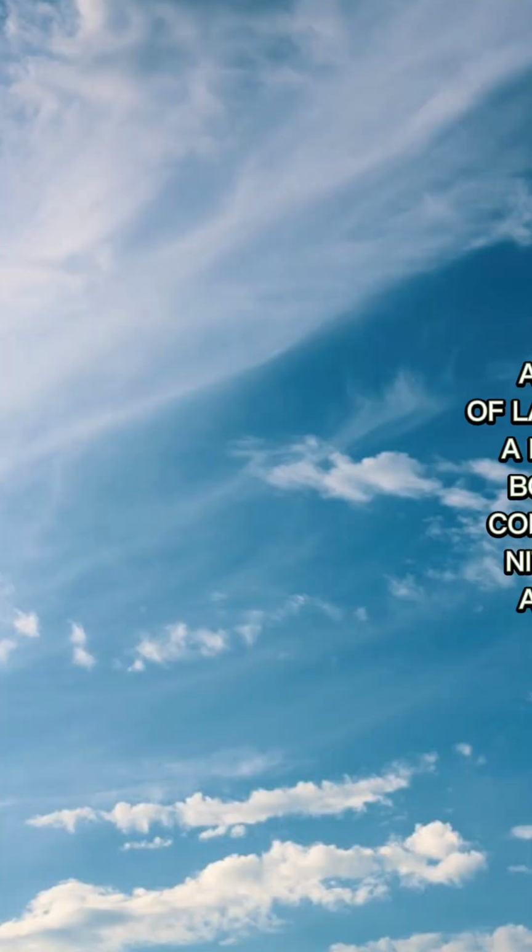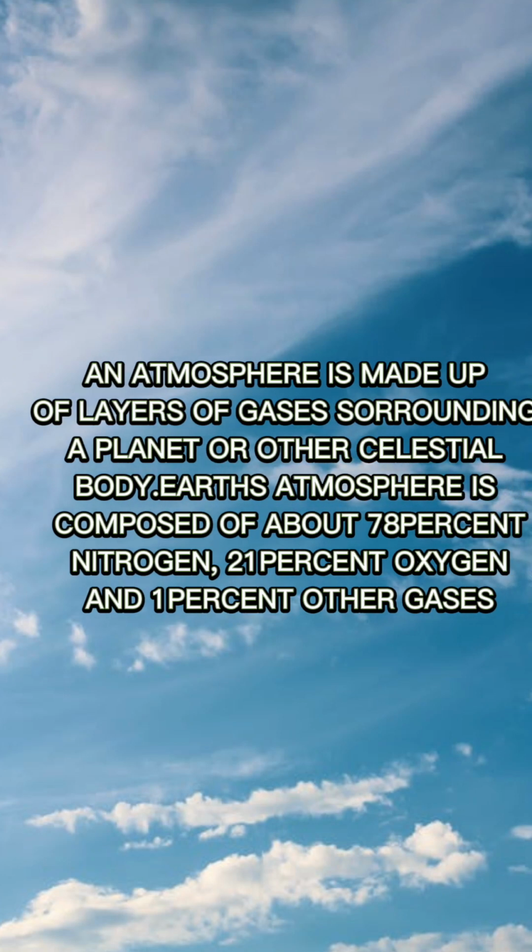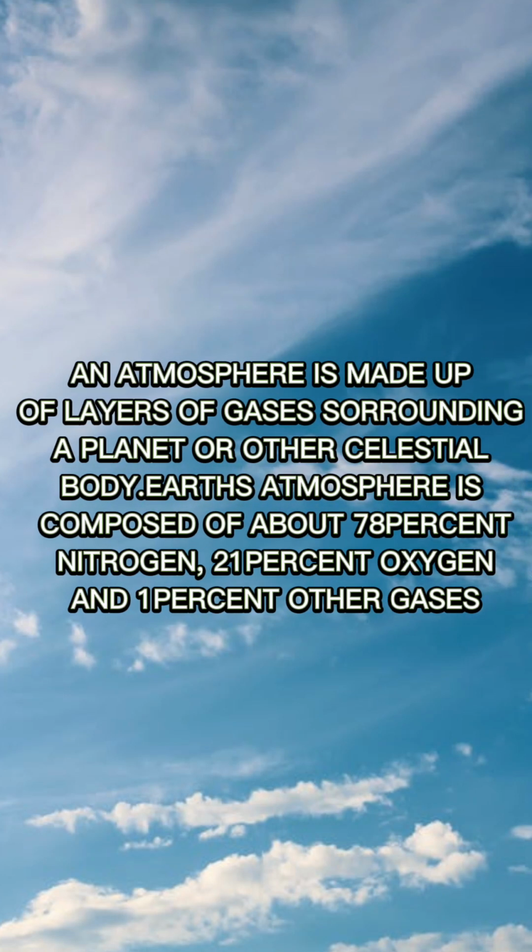Now that you learned about the biosphere, let's move on to the last system, which is the atmosphere. So, what exactly is an atmosphere? An atmosphere is made up of layers of gases surrounding a planet or other celestial body.